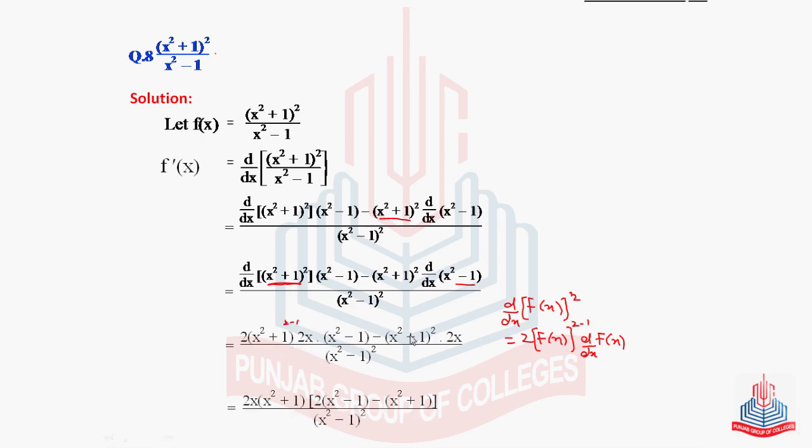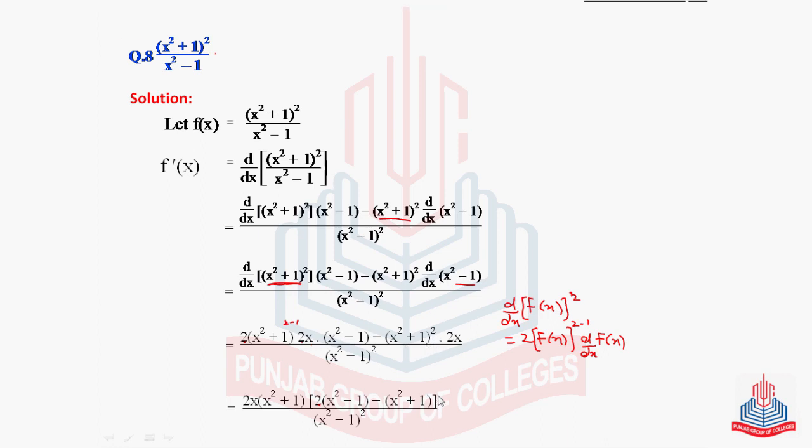So here we have 2x into x square plus 1 as a common factor. Then there will be left 2 into x square minus 1, as this 2 and this x square plus 1 and this x are a common factor of these two terms. So we have only this 2 and this x square minus 1, minus, and from here 2x as a common factor and (x square plus 1) whole square. We have taken x square plus 1 as a common factor, so we have only x square plus 1 raised to the power 1.